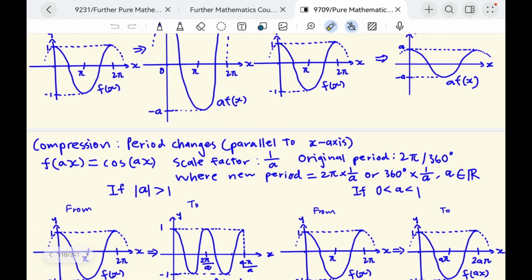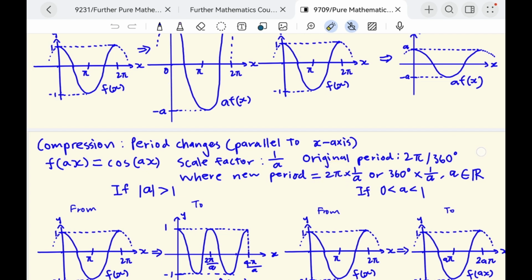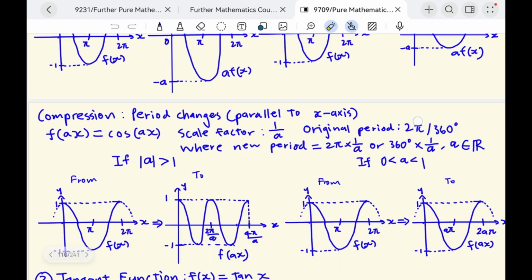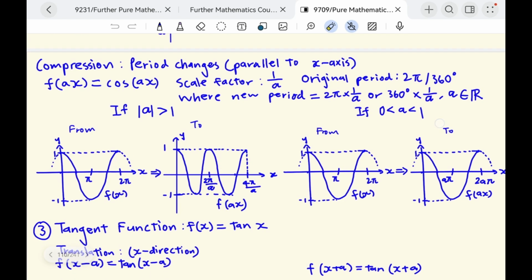So to get the new period, you need to take 2 pi, since 2 pi is a complete cycle, divided by a, as well as 360 degrees. Clear? Yeah. So for modulus of a greater than 1, it undergoes the compression of the graph in period.